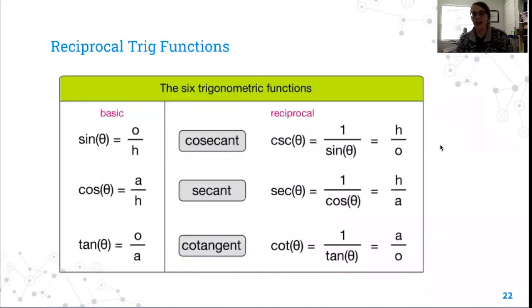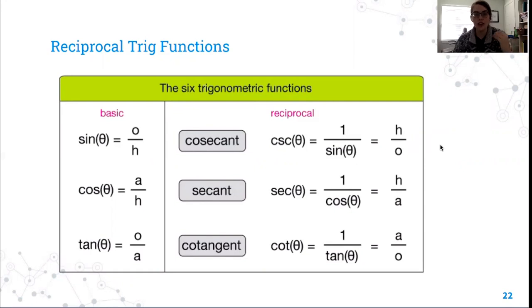The final fact we're going to look at: there are 3 more trig functions. They're reciprocal trig functions. You might have seen them on your calculator. They are cosecant, secant, and cotangent. That just happens when you take your normal functions and put them under 1 in a fraction.